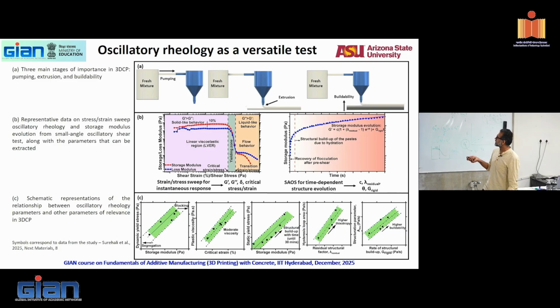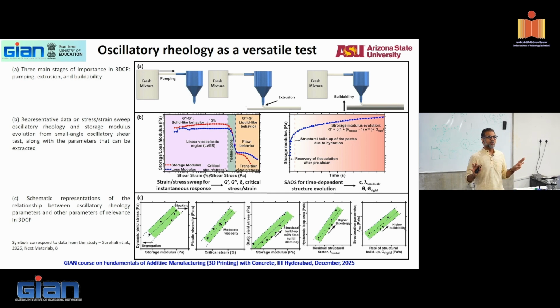And then there is something that we have done where we're looking at oscillatory rheology as one test that can do top to bottom of everything. So storage modulus can tell you indicators about dynamic yield stress. It can tell you plastic viscosity. It can give you indicators of static yield stress. It can give you hysteresis or thixotropy. It can give you structuration.